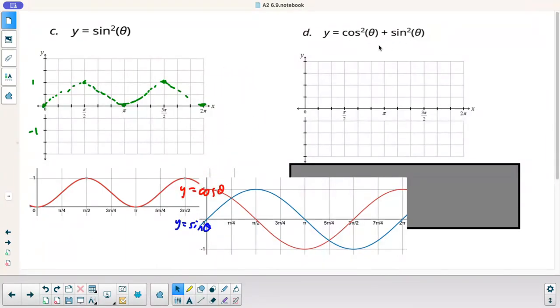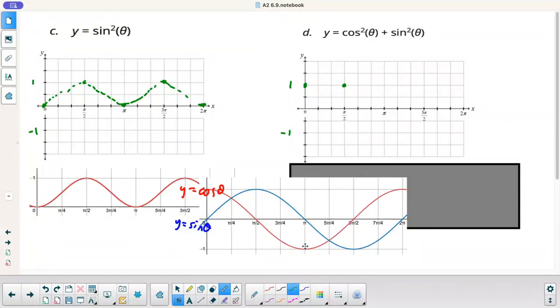All right, so cosine squared plus sine squared. Okay, whoa, a lot of math I gotta do here. So 1 squared plus 0 squared is 1. I go to pi over 2. 1 squared plus 0 squared is 1. 0 squared plus negative 1 squared: 0 squared, 0.